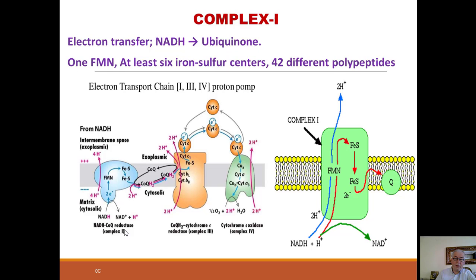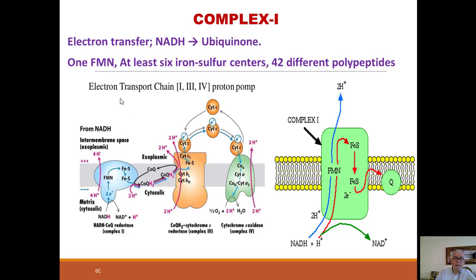And also the FMNH2 reduced form can be turned to the oxidized form because of the next reactions, and the iron sulfur center must give electrons step by step to coenzyme Q, ubiquinone.